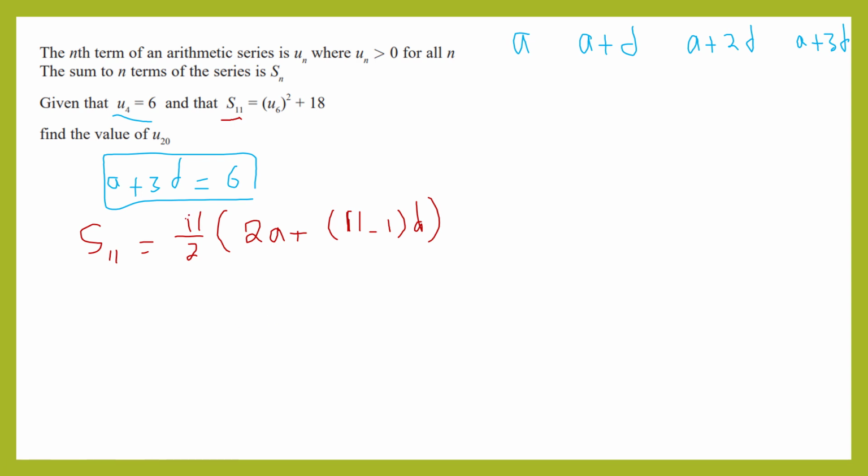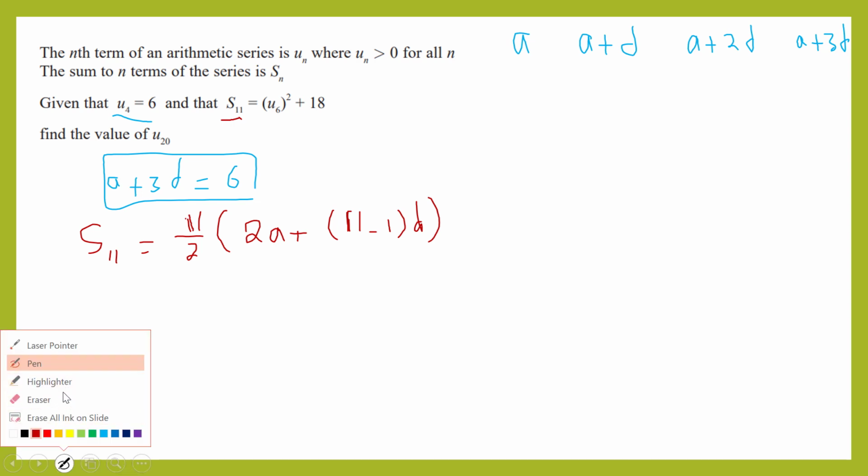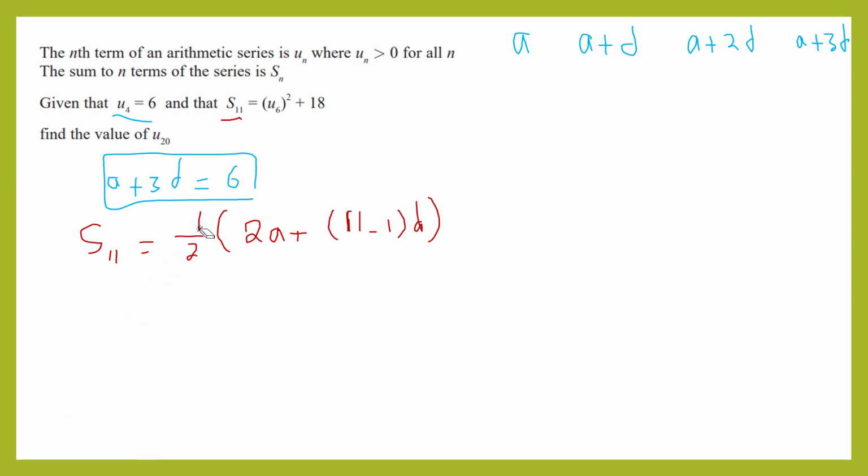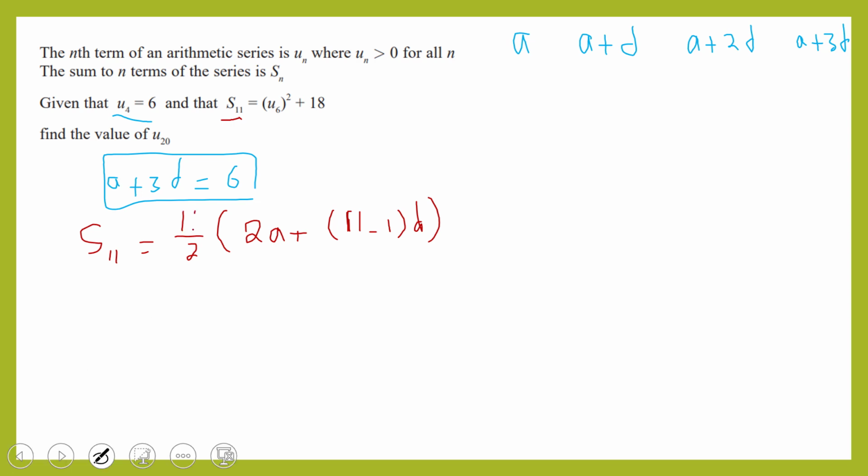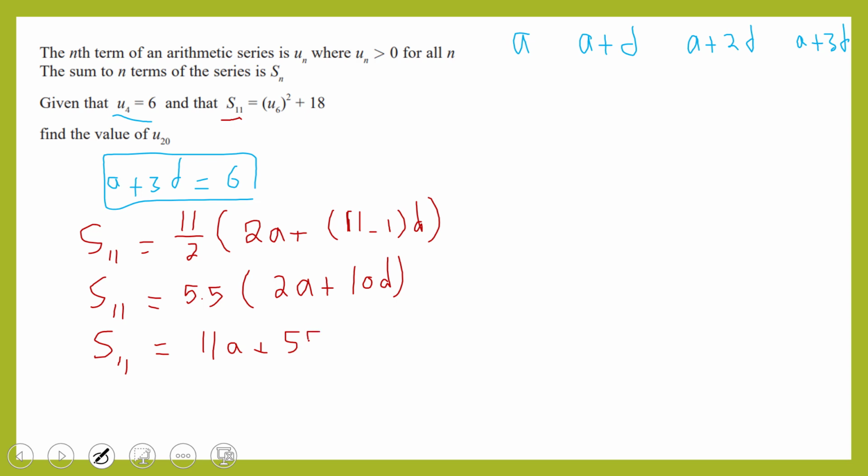Let's simplify more: 11 divided by 2 is 5.5, so S11 equals 5.5 multiplied by 2a plus, since 11 minus 1 is 10, 10d. If we expand more, S11 is 5.5 by 2 is 11a, then plus 55d.